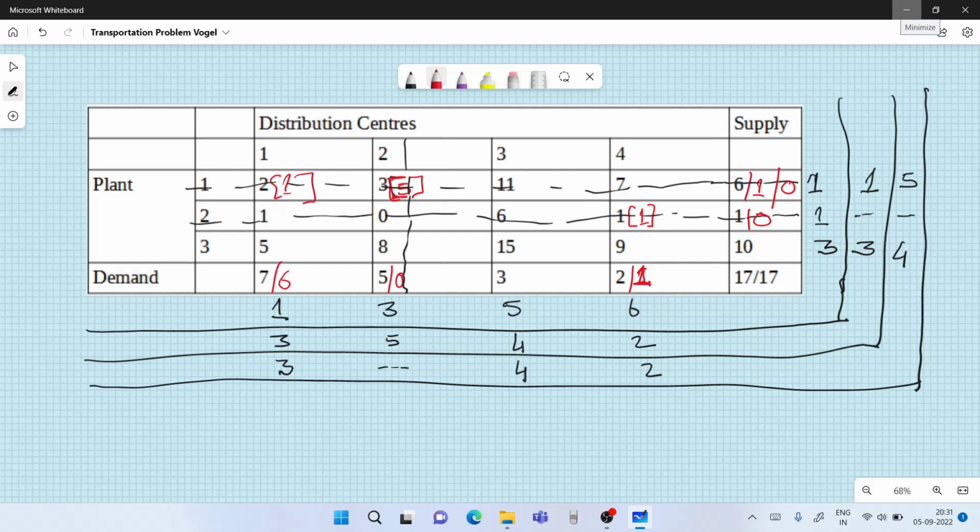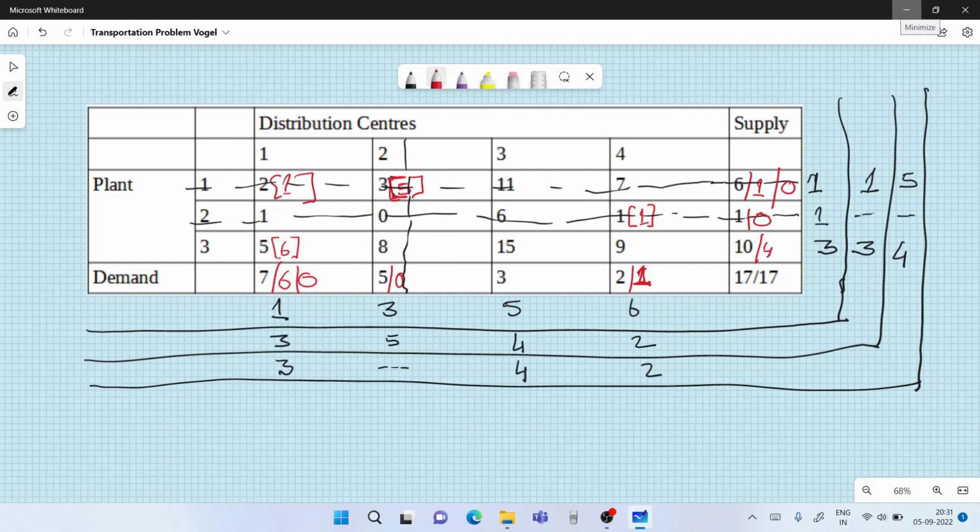Okay, now going back to the least cost. Now from 10, the least cost here is 5, but the demand here is 6. So we assign 6 here and that's it. It's done. So we are left with 4.